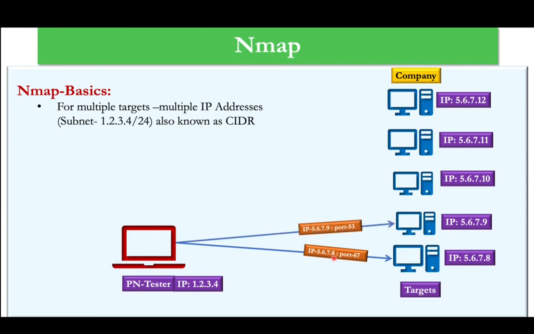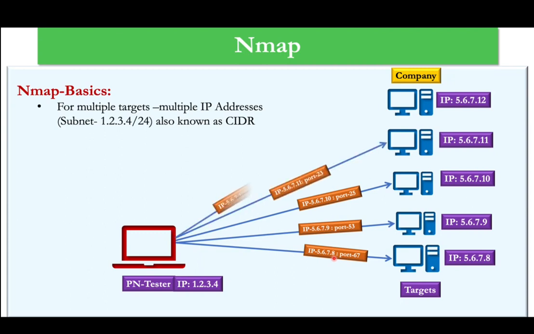Like on another system, port number 53 status, and for another system, whether the port number 25 service is open or not. So to check all this, the IP address and port number are required.